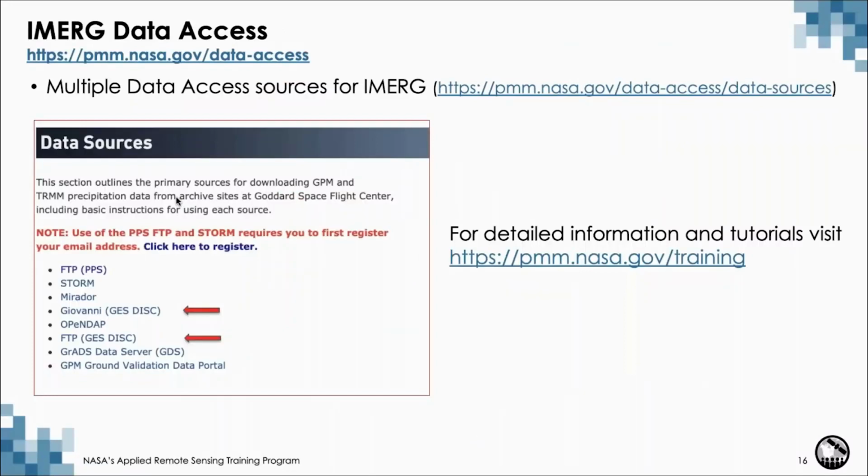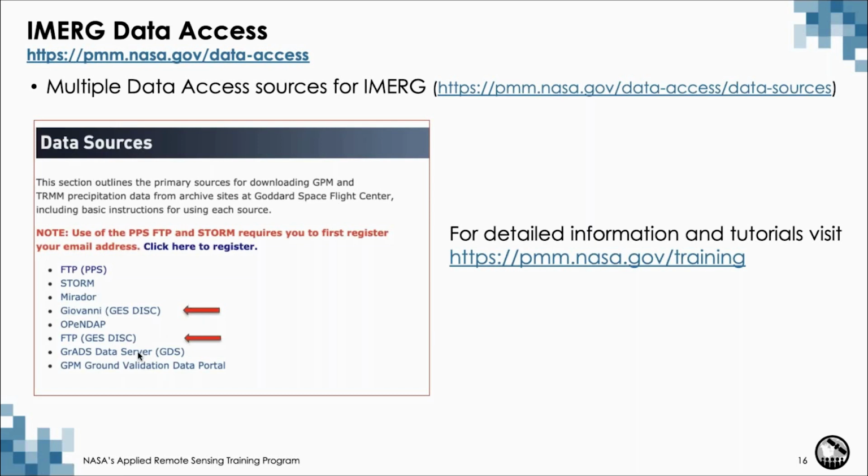So, iMerge data access is shown here. Again, here is a link where step-by-step tutorials are available on how to download iMerge data. There are multiple ways to look at or download iMerge data. There is direct FTP, and there are special websites where you can do level 2 visualization and level 3 visualization and download.